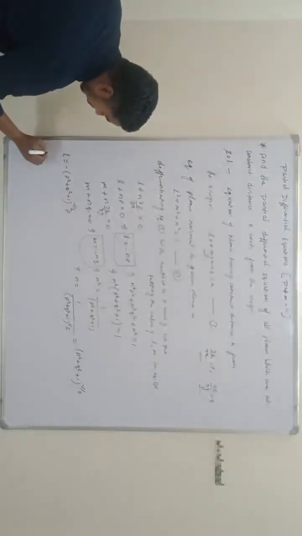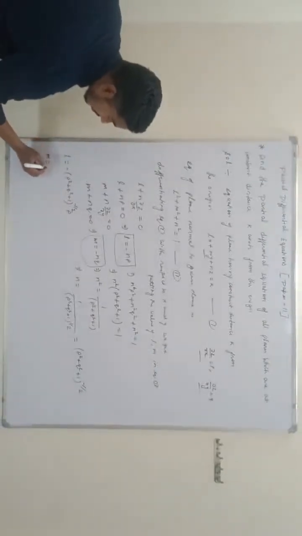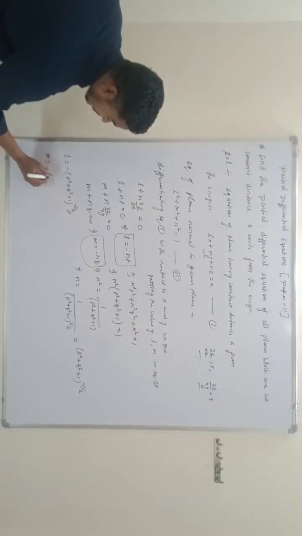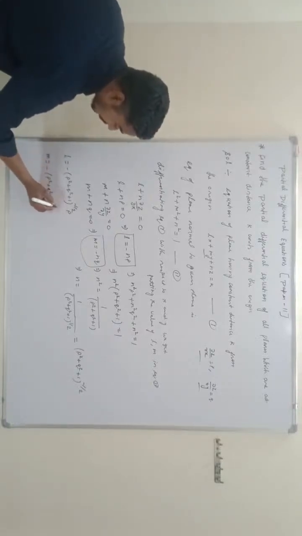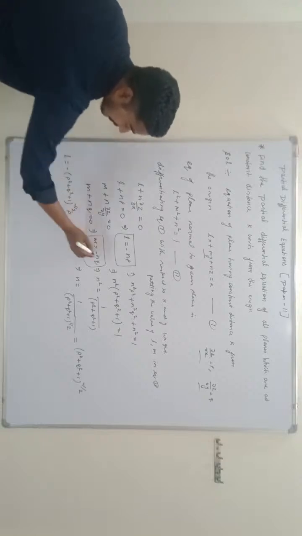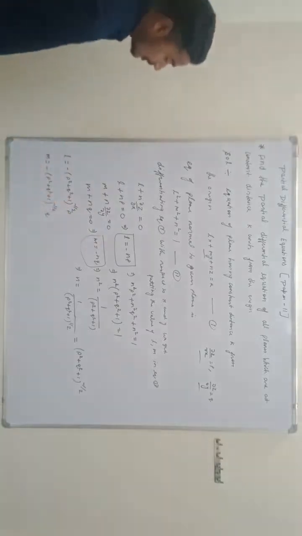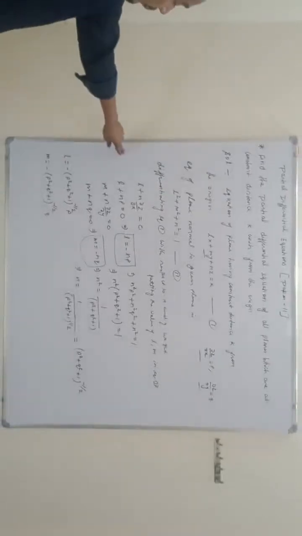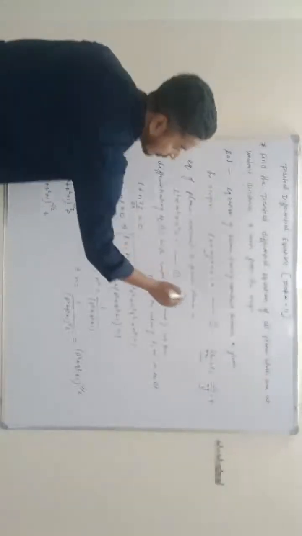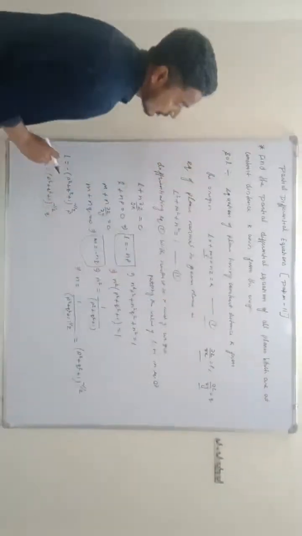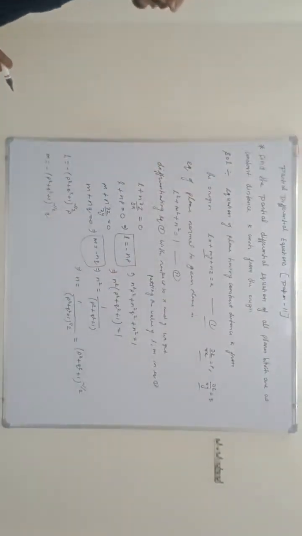This gives m = -(p² + q² + 1)^(-1/2) multiplied by q. Further we have to put the value of l and m in equation 1, and we get the required result.